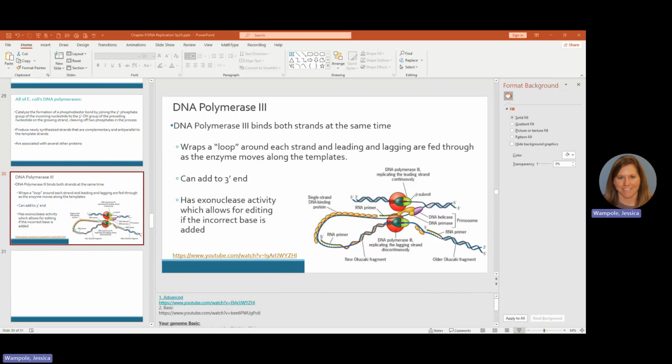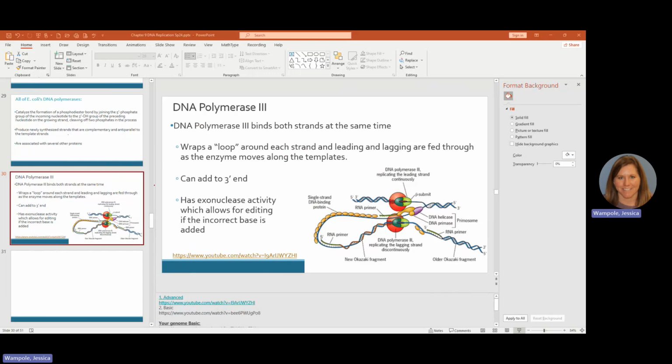On the other side of our replication fork, we can kind of think through what's happening. So we looked at what is the left-hand side. So starting at the origin, we built our DNA molecule.